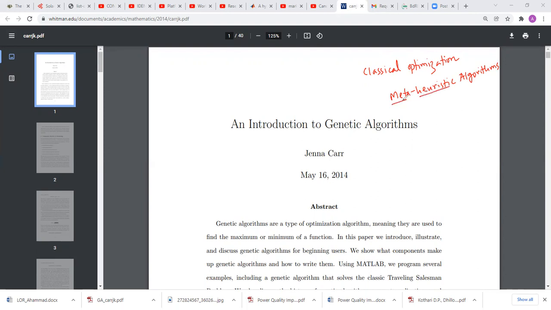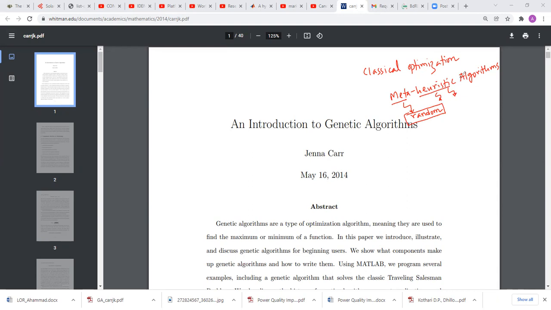Meta simply means it is beyond heuristics. So the heuristic algorithm has a certain pattern of solving optimization problems, but meta heuristic goes a step further by introducing some sort of randomness or stochasticity. So you can call it the addition of randomness in heuristic optimization algorithms.